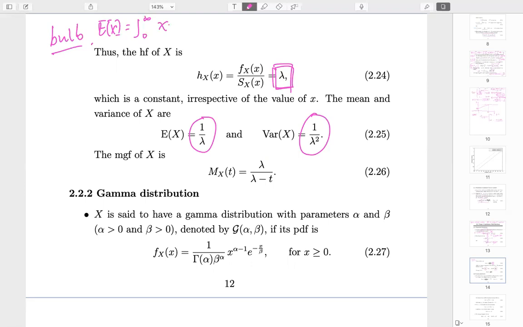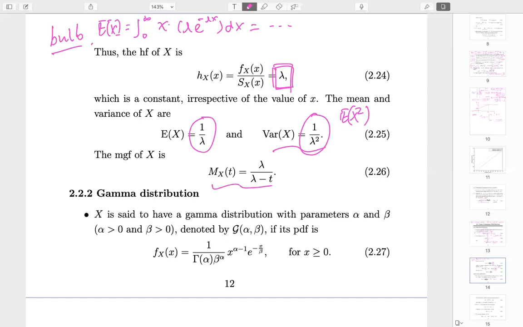It's x times the density, lambda e to the negative lambda x. I leave this for you to complete because this is a standard example of integration by parts, which all of you should know how to do. For the variance, you can try the second moment first, and then subtract the square of the first moment.